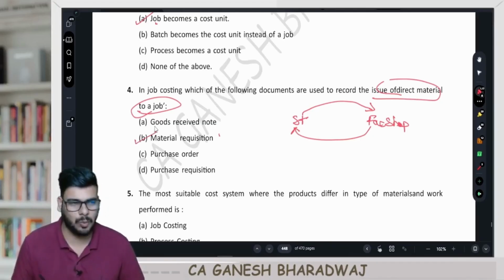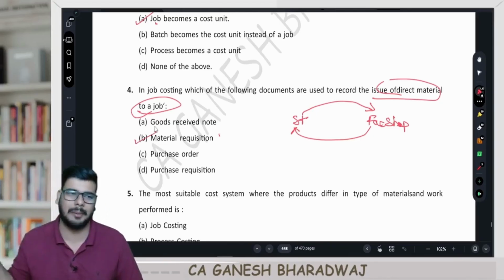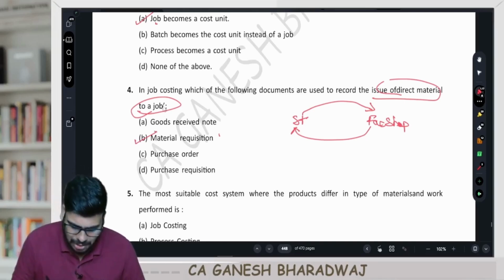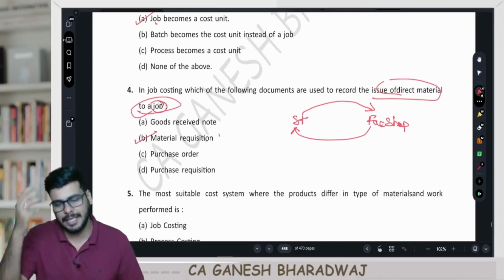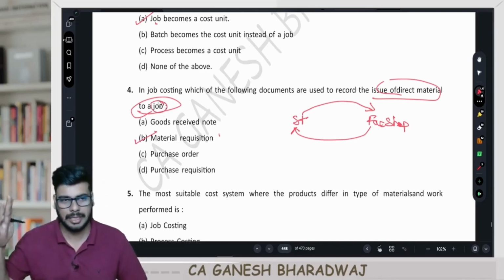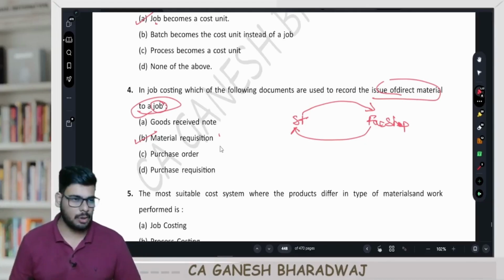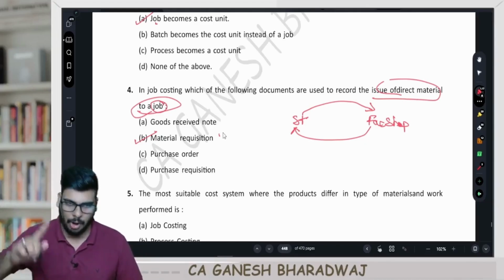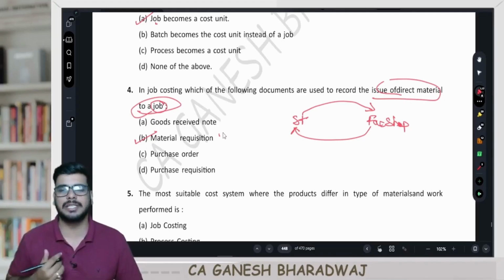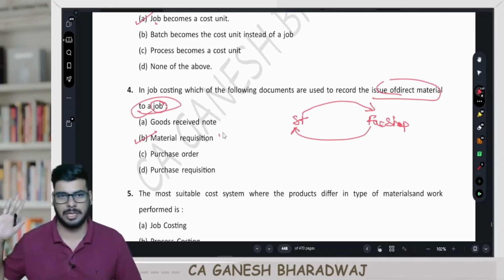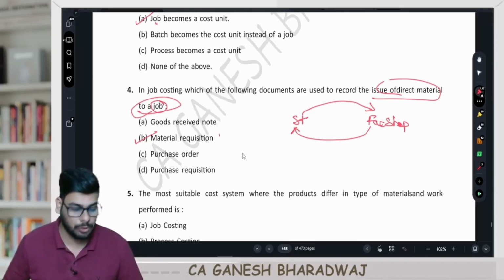Ideally, all these things are a part of the materials chapter. It is not confined to job costing. Unit costing, batch costing, job costing, anywhere you see, it needs to happen through a material requisition note. That's why all these things are ideally a part of the materials chapter, which we'll be seeing there only. But anyways, they have given it, we are doing it. That's about it. Clear with this, guys? So the answer is B.